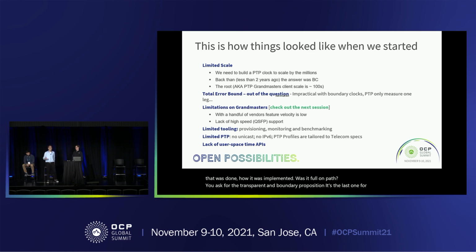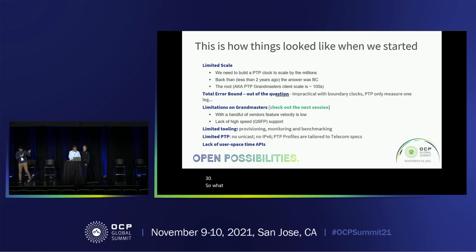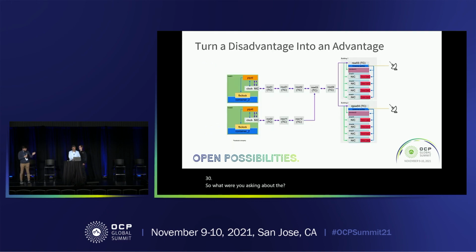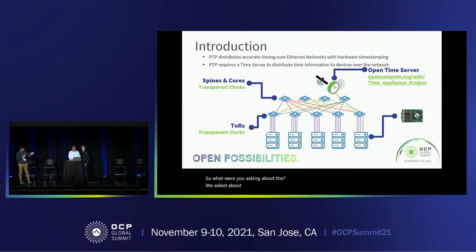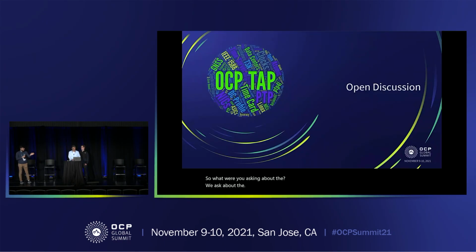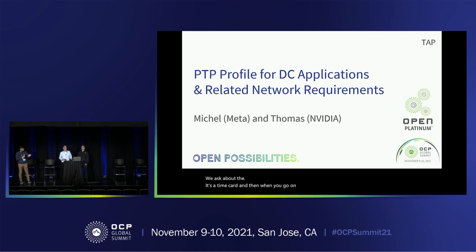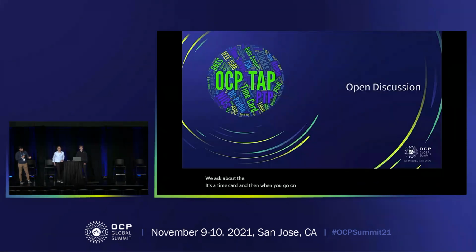11:30. So one more thing, about the second question. You asked about the granularity from the time card, and then when you go on the front end NIC, what will happen, right? Basically, just want to know the accuracy. For example, are you 8273.1 class B, class C, or class D?